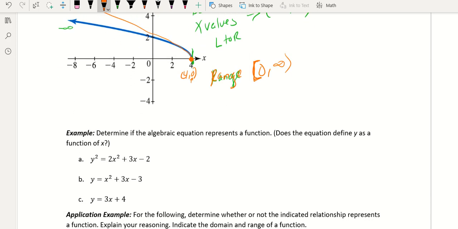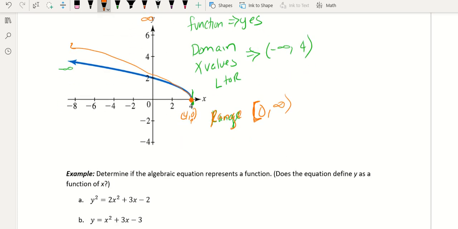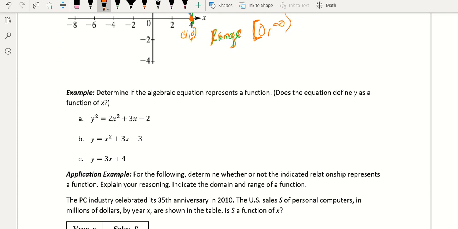Okay, so we've done it. You've done it graphically to figure out if it's a function. You have looked at a set of ordered pairs to determine if it's a function. And so the last thing to determine if it's a function is algebraically. Now, determine if the algebraic equation represents a function.